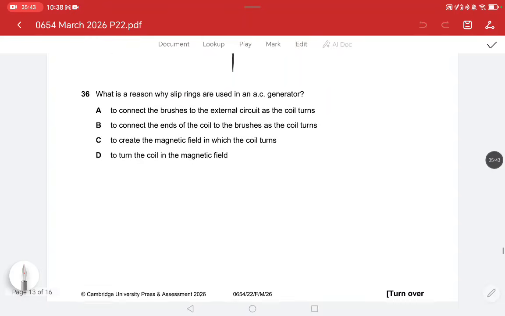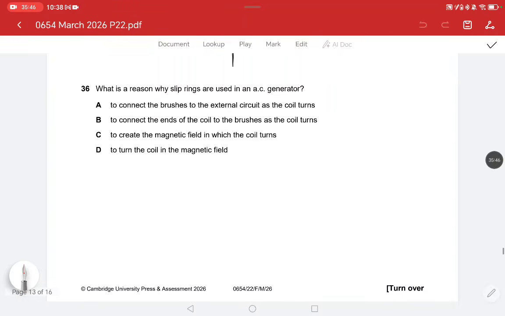Now, let's move to a new question, question 36. What is a reason why slip rings are used in AC generator? In AC generator, why do we use the slip rings? You should know that slip rings are attached to the ends of the coil and rotate with it, but brushes are stationary; they don't move.